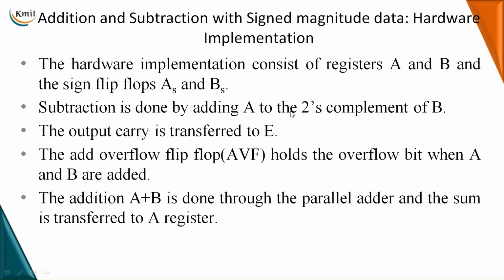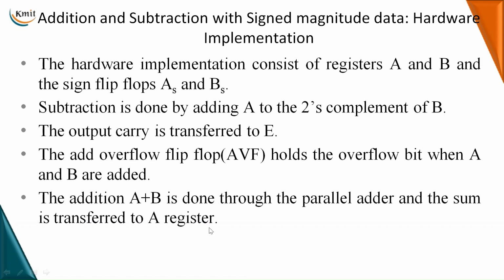Subtraction is done by adding A to the 2's complement of B. The output carry will be transferred to the E flip-flop. And the add overflow flip-flop holds the overflow bit when A and B are added. The addition A plus B is done through a parallel adder and the sum is transferred to the A register.